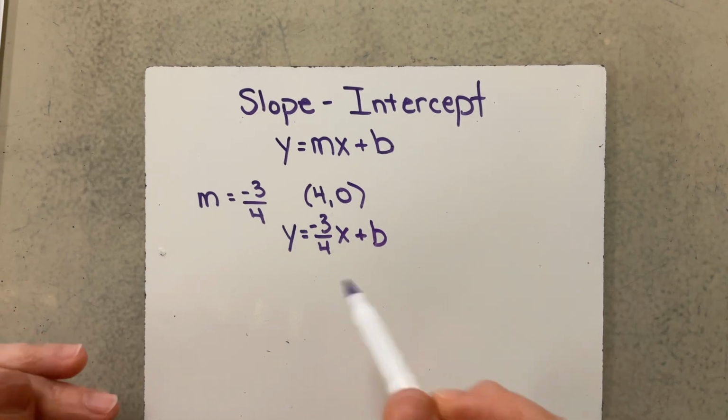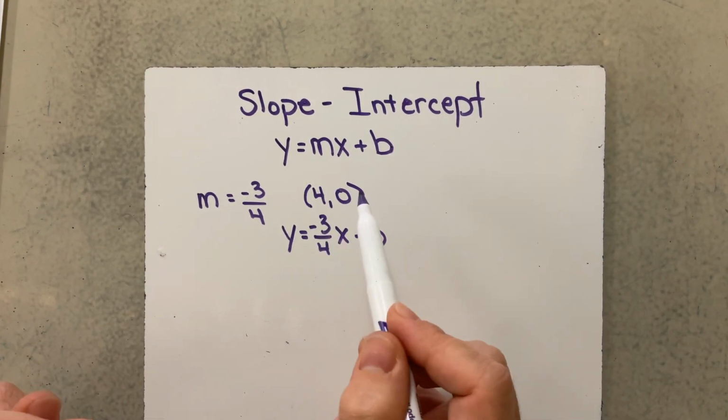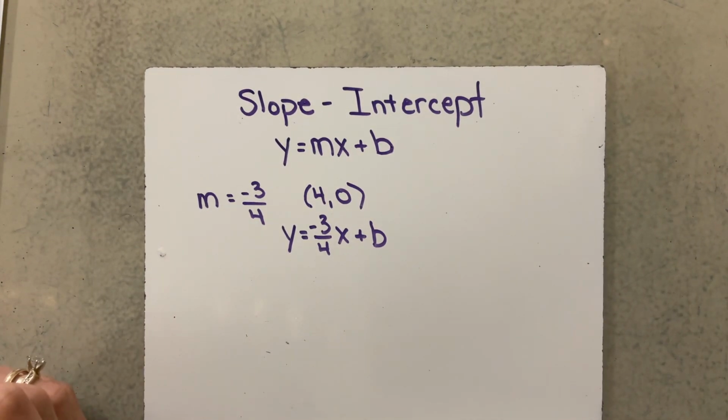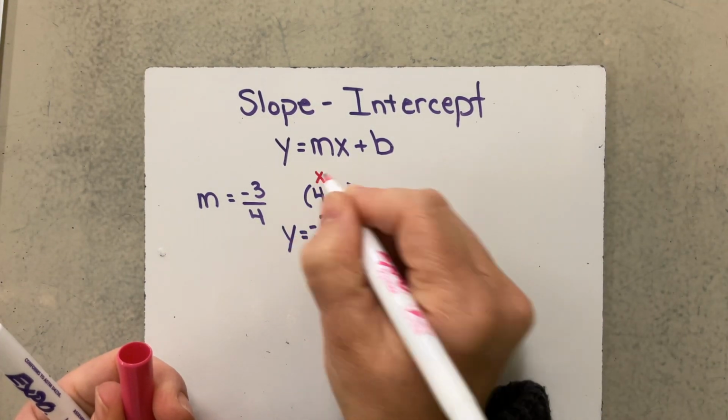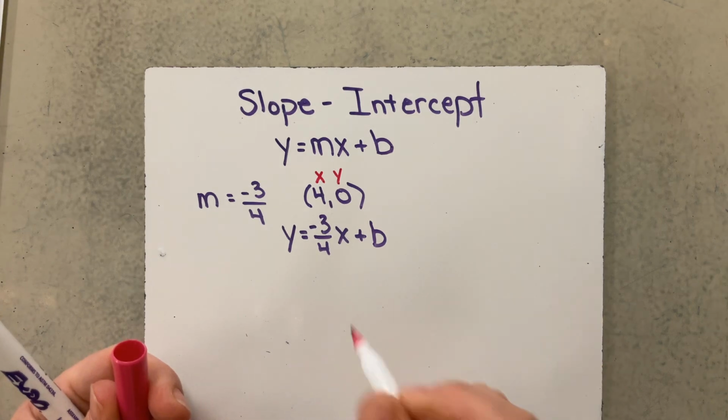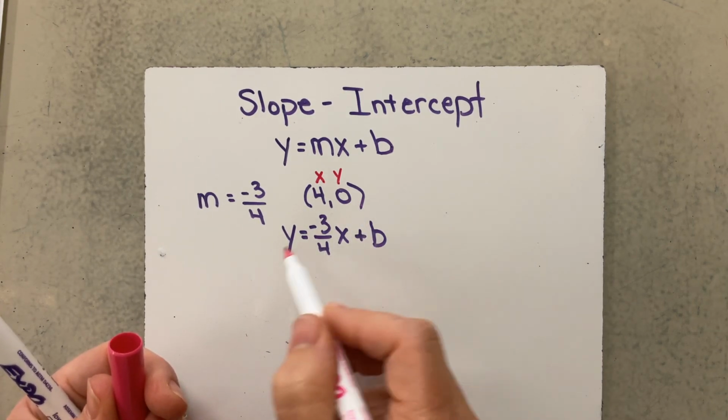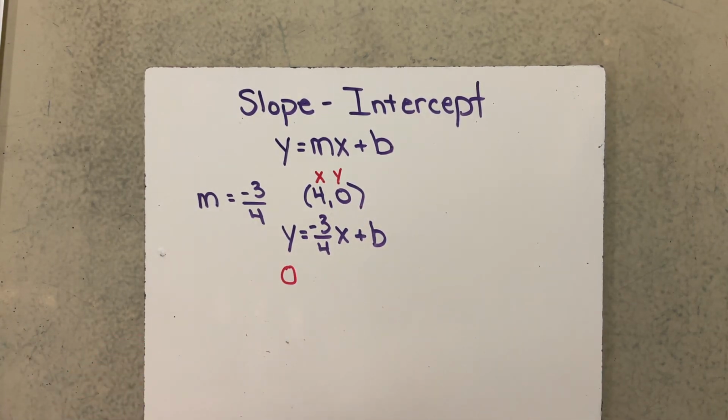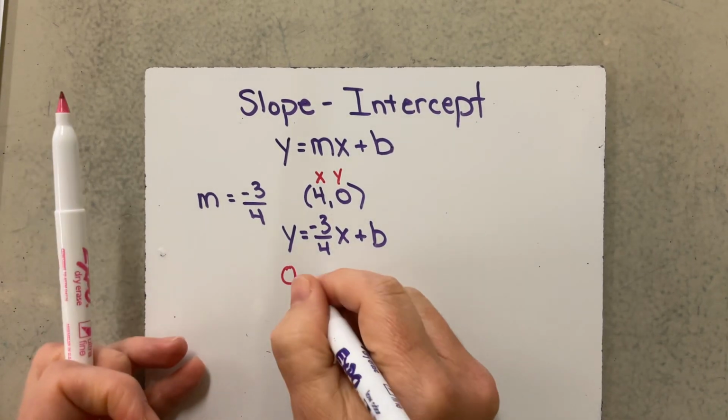But we don't know our b yet. We do have an x and a y. So what we're going to do is plug in our x and our y into this equation. My y is 0. I still have my -3/4.